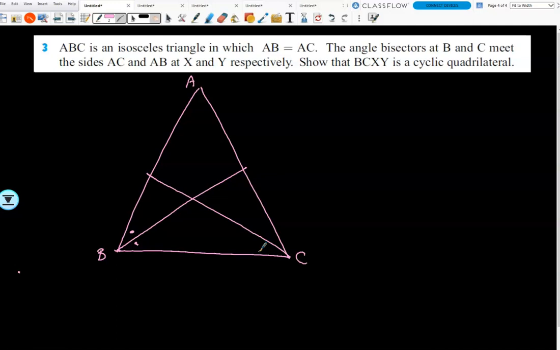Same, because it's isosceles, and so those bottom angles are the same. Anyway, the angle bisectors meet AC at X and AB at Y. Okay, show that B, X, Y, C is a cyclic quad.